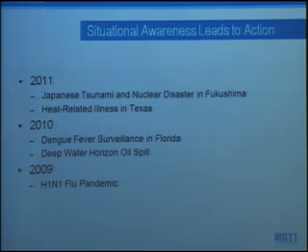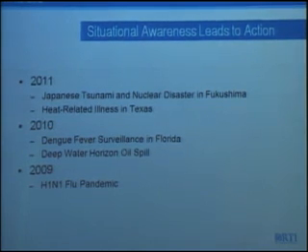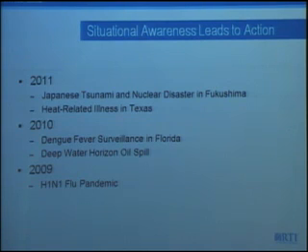Thank you. In 2011, we used BioSense data to track radiation exposures among our military in the area, because the Veterans Affairs and the Department of Defense also upload their data into BioSense. So we had a really good way to track exposures after the nuclear disaster in Fukushima. We have also used it to track heat-related illnesses in Texas.